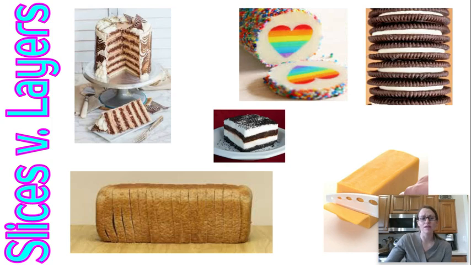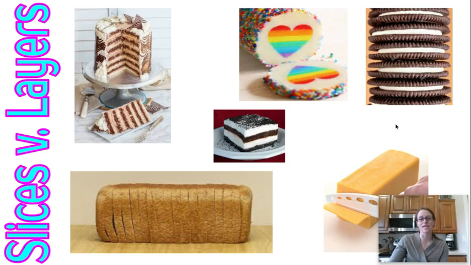The important thing about slices, like in the cookies up here, is that when I make a slice, I get the same thing all the way through. If I look at these Oreo cookies and I imagine I had a knife, if I cut straight down the front face of this, I would get these layers that would kind of look like the cake.